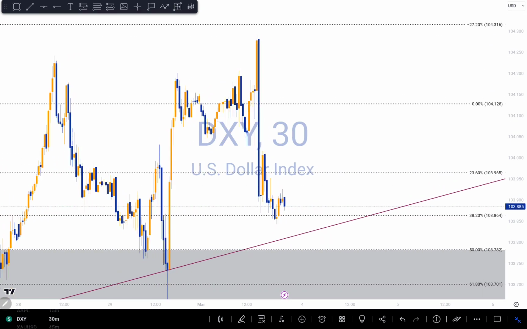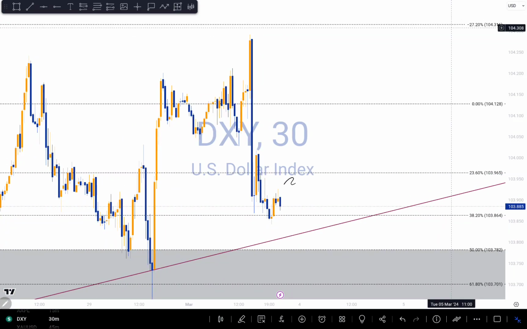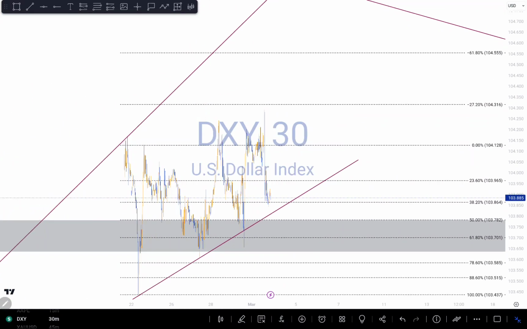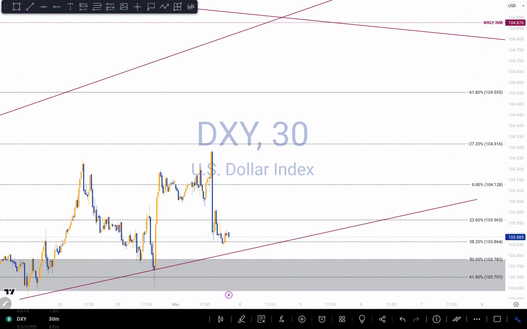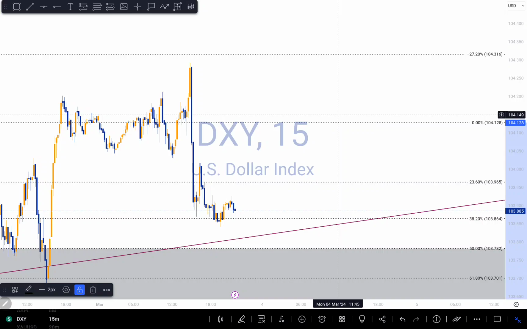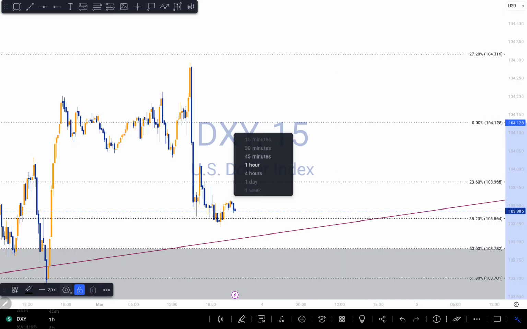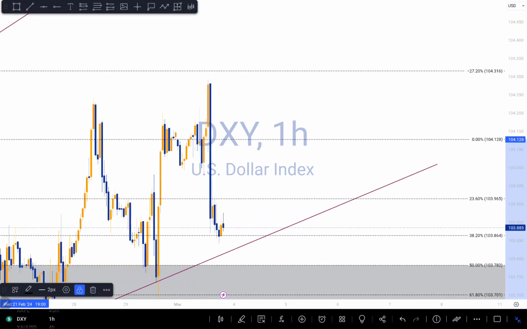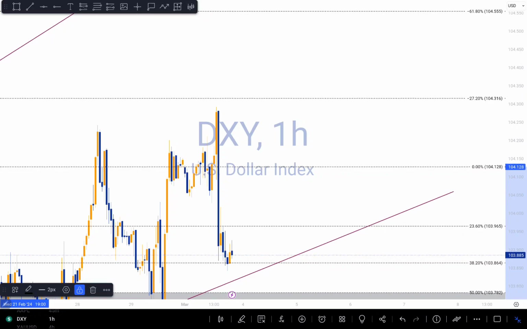I see some sort of push to the upside, to be honest, but there's also a possibility that it might just wick around this area to touch this trend line before pushing to the upside. That's a possibility. Let's go to my 15-minute time frame. Okay, that's a possibility that I am seeing currently.